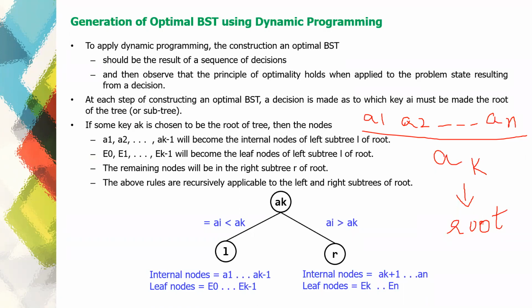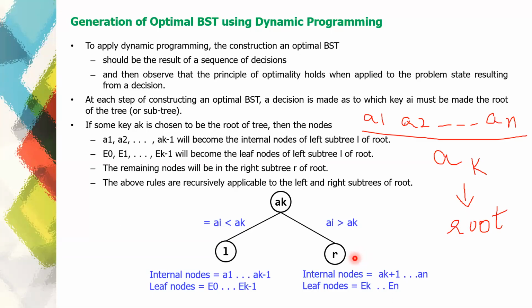Okay, now if I have decided AK is the root of the tree, this is how your tree looks like. AK, this is the key I have made as the root. Then if AK is the root, all the keys which are less than AK will get into the left subtree, and all the keys greater than AK will get into the right subtree.